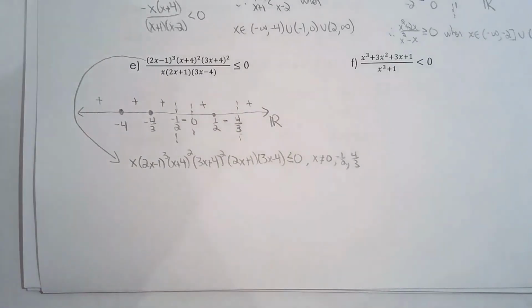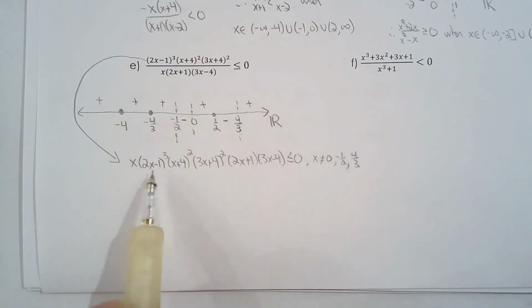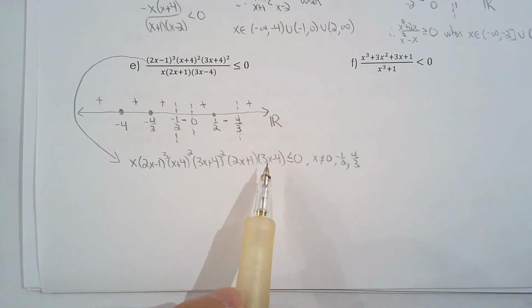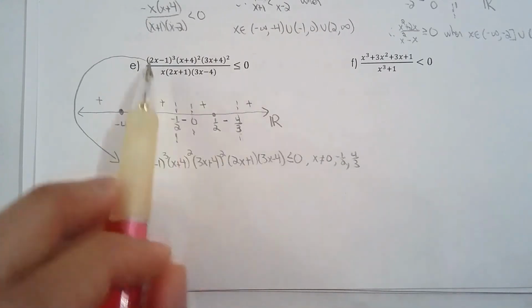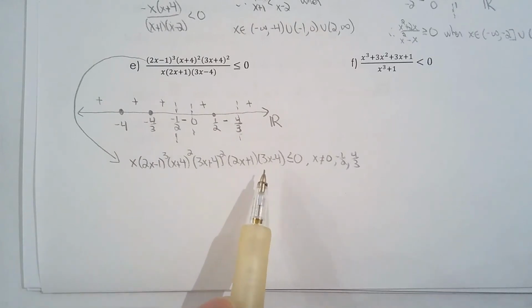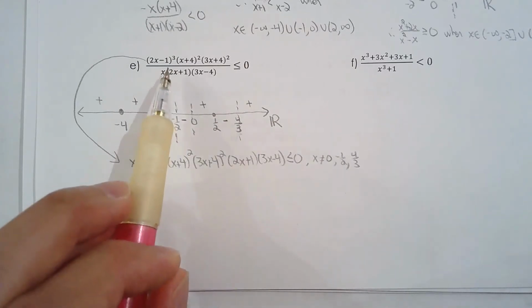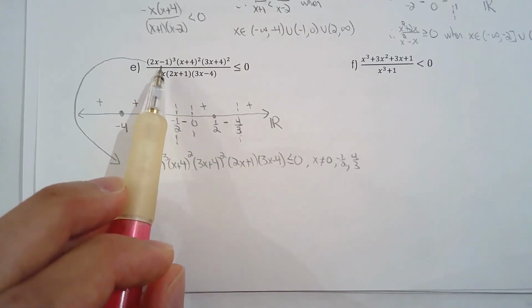And if that is the question, instead of saying multiplying and dividing, how about we just have multiply, multiply, multiply, multiply, right? Because when this is less than 0, this must also be less than 0. So the solution to this inequality will be the same as the solution to this inequality, right?